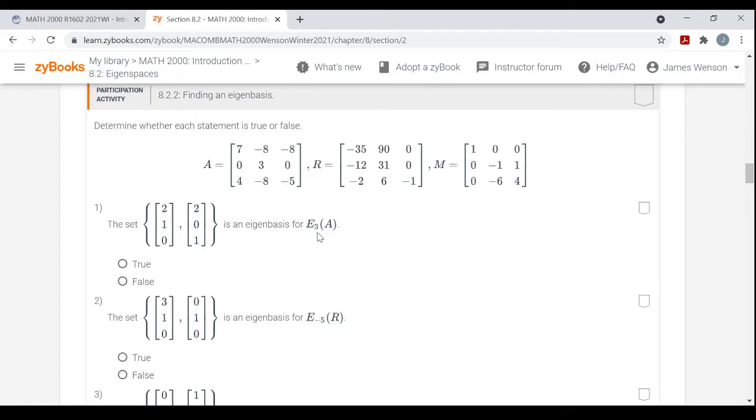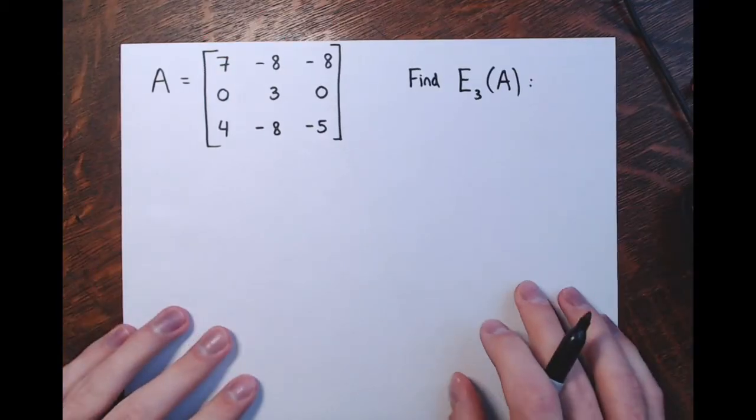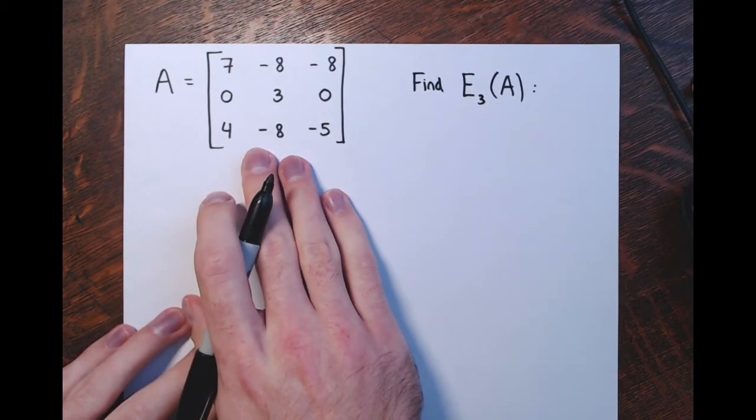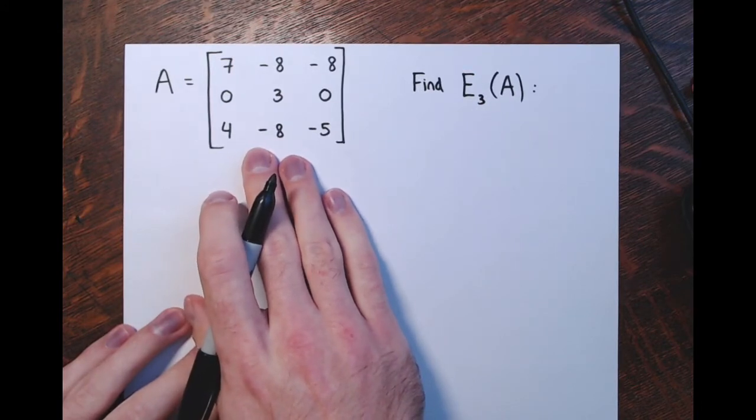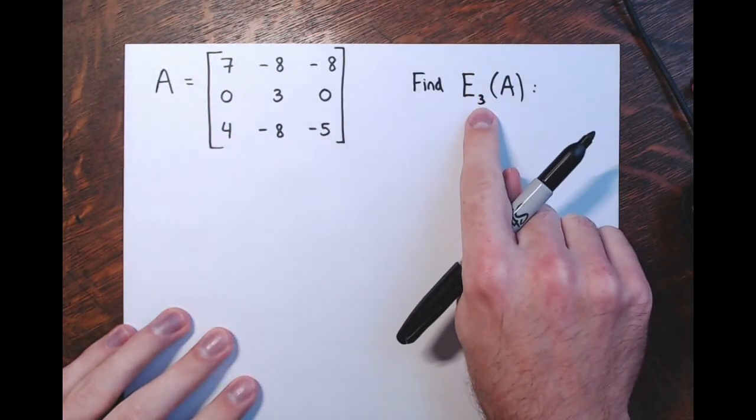and let's find the eigenspace of A corresponding to lambda equals 3. Apparently 3 is an eigenvalue of A. I'm not going to actually find the eigenvalues this time. I gave a matrix A, another 3 by 3, it's got to be square. They're telling us that 3 is an eigenvalue.